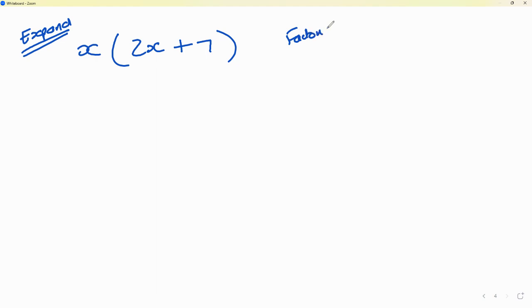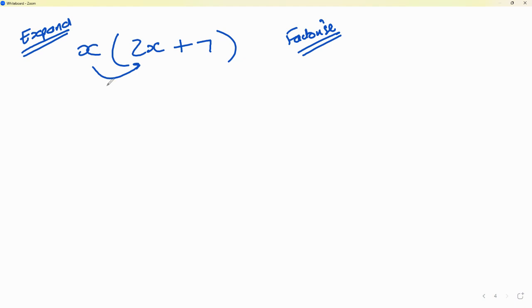Okay, let's look at another example like that. Let's suppose I've got x multiplied by 2x plus 7. And here we're asked to expand. Then we're going to take that same answer and we are going to factorize. You can see it simultaneously at the same time, right?